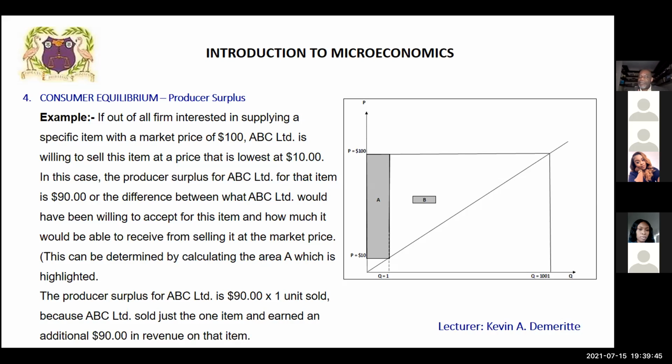But I don't have to. I actually can sell it for $100. But in this case, the producer, ABC, his surplus for that item is $90. He was willing to accept $10, doesn't have to accept $10, because the market price is $100, he walks away with an additional $90.